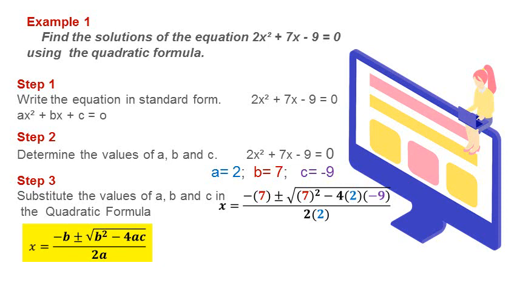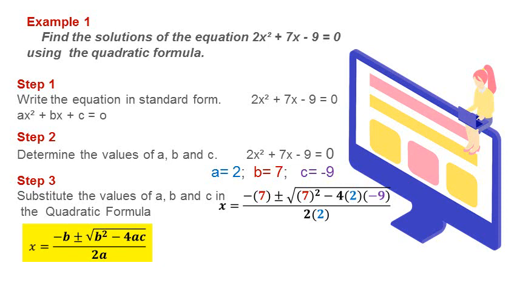So we have 2x squared plus 7x minus 9 is equal to 0 is already written in standard form. So no need to rewrite it. Step 2. Determine the values of a, b, and c. So we have a is equal to 2, b is equal to 7, and c is equal to negative 9.